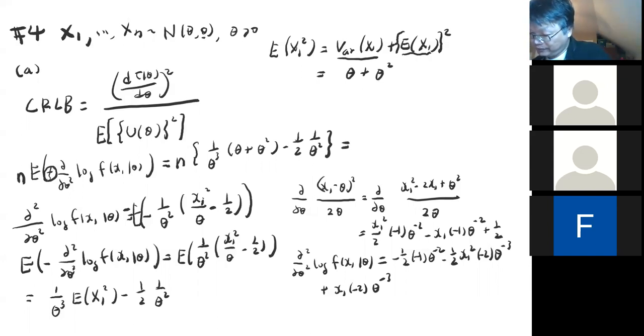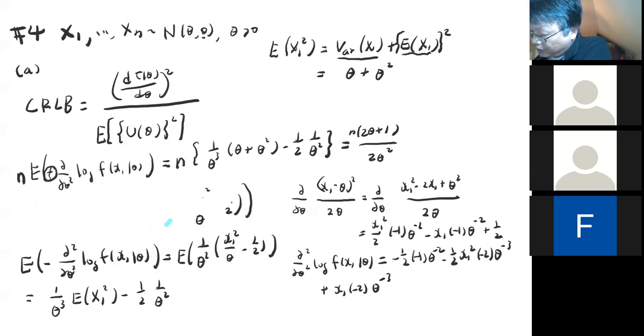Let me make sure everything is correct. I think so. Good. I'm going to skip the detail and tell you the right answer directly. Eventually this is going to become 2 theta plus 1 over 2 theta squared, then times n.